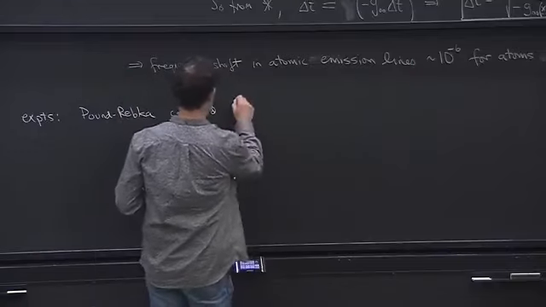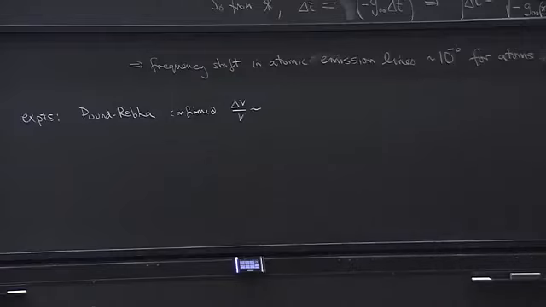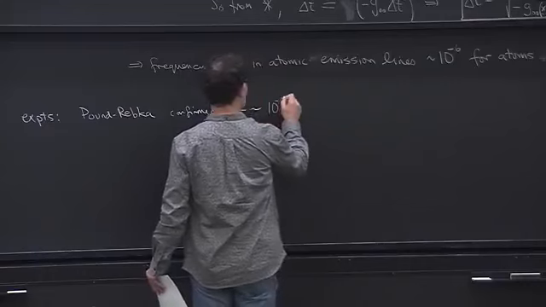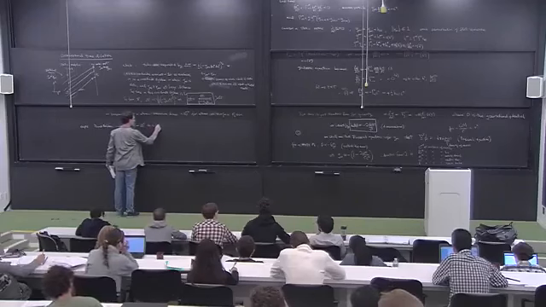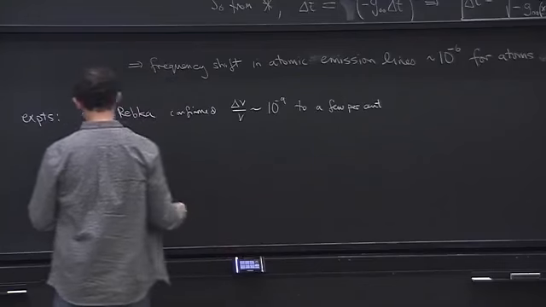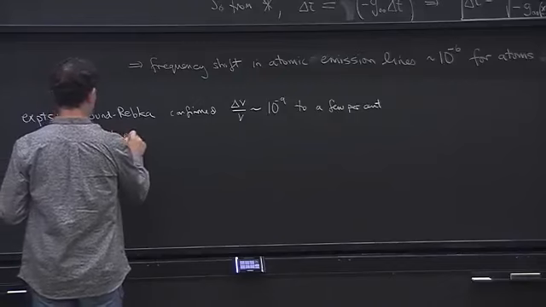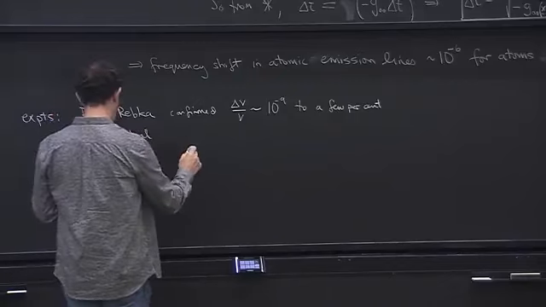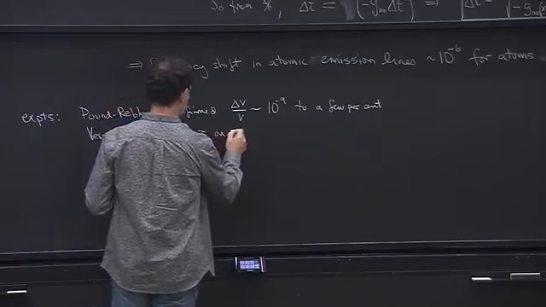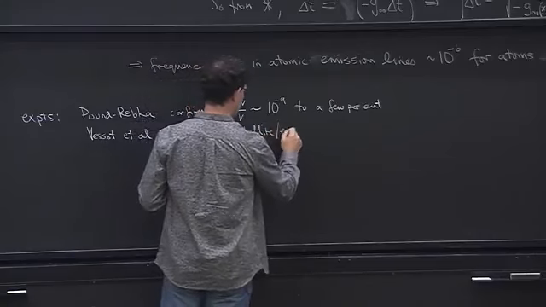So this is a shift in frequency over frequency, and at the surface of the Earth it's about a part in a billion, measured to a few percent. And then later on, Vessot et al. used masers on a satellite and Earth.